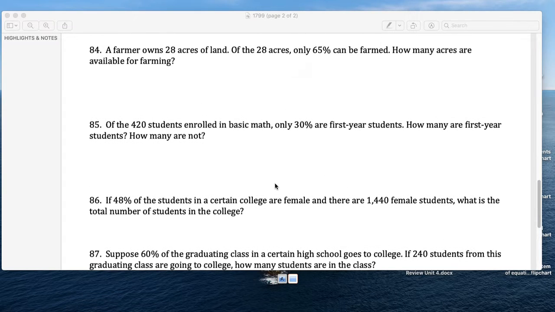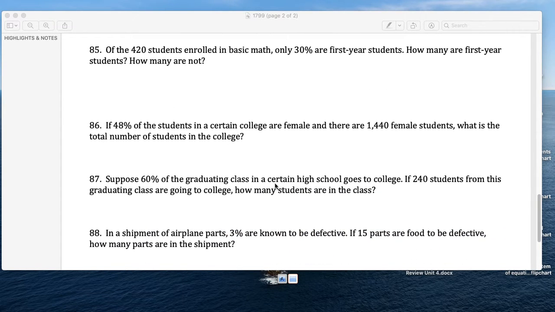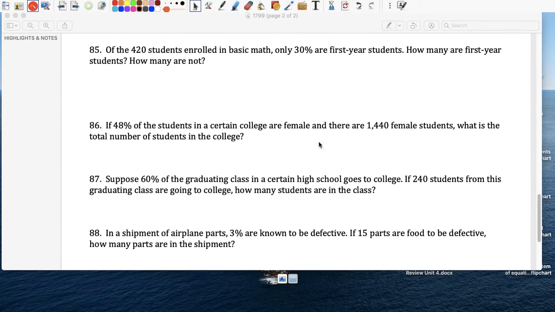All right. There are 420 students in basic math, and only 30% are first-year students. How many are first-year students? How many are not? In high school, not everybody passes the Regents or the particular math class on their first try, so sometimes if you're a freshman, you'll be in a class and you'll see some students who are older because this is their second or third attempt at that class.